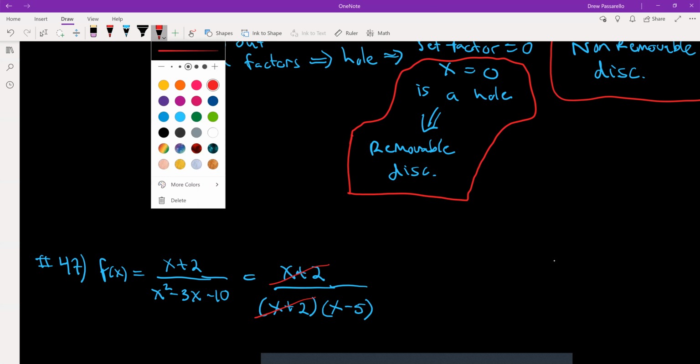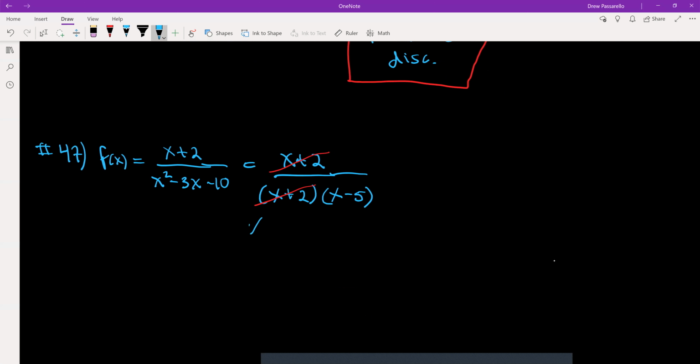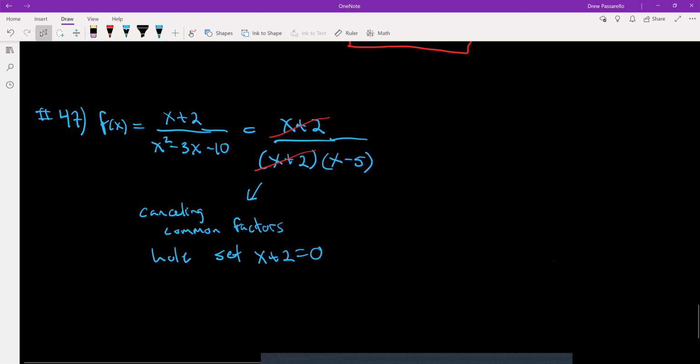Since I'm canceling out common factors, that means there's going to be a hole. You set the common factor, which you're canceling out, equal to 0. So I set x plus 2 equal to 0, and you'll get negative 2.